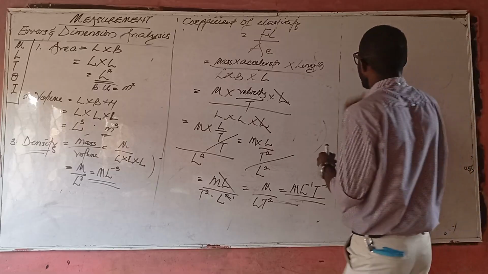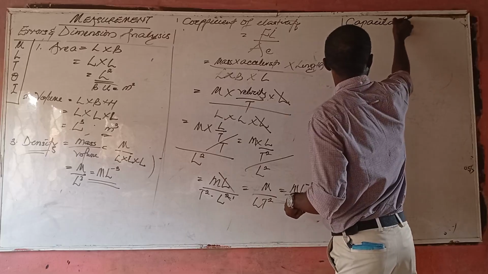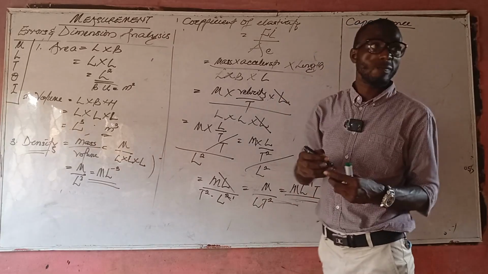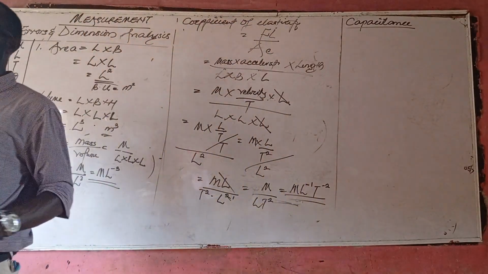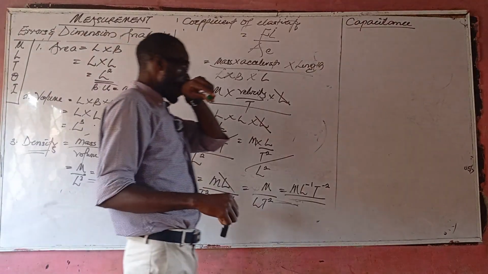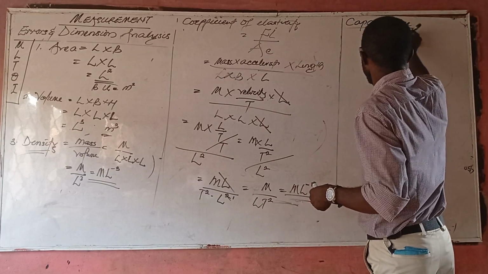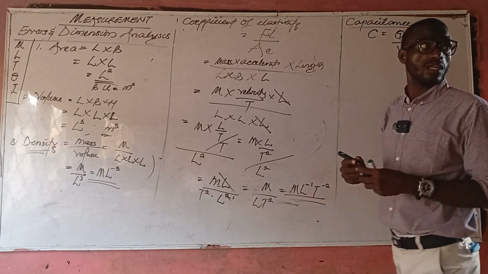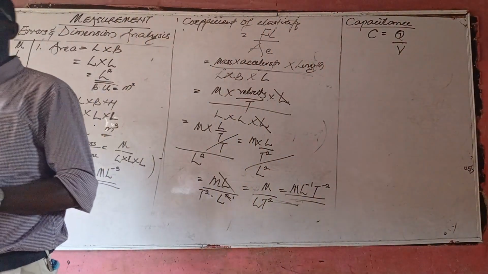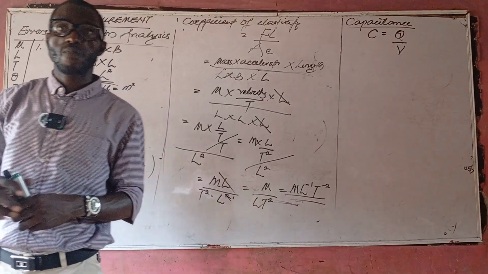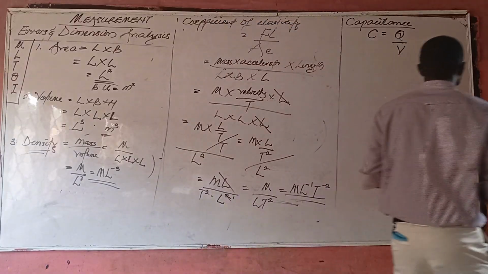Let me solve capacitance. Now, the formula for capacitance is Q per V. Quantity of charge stored per volt.